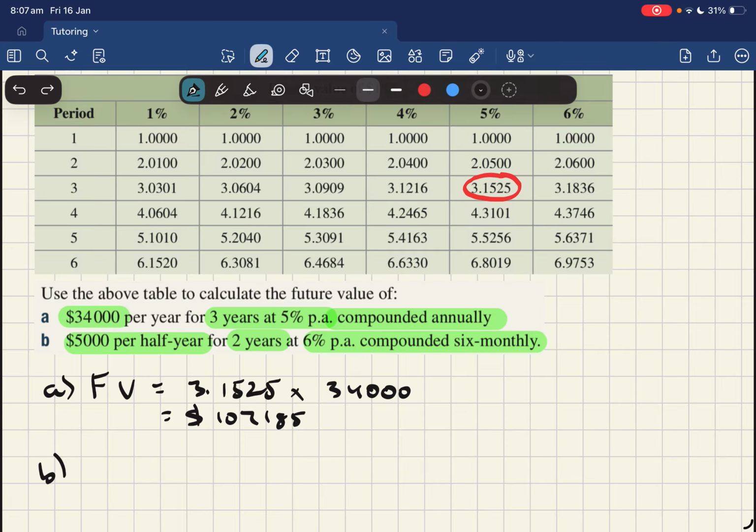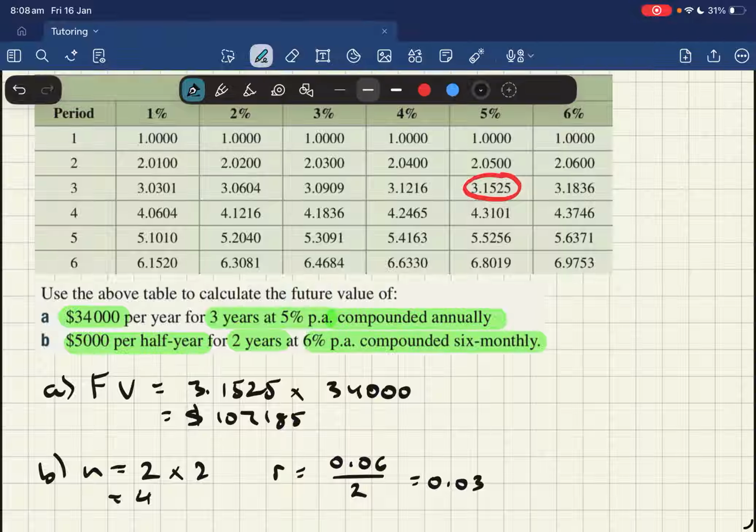So the number of compounding periods, instead of compounding once a year, it compounds twice a year. So for 2 years, it's going to compound 2 times every year. So that's going to give you 4. And the interest rate is going to change from 6% to 3%. So we have 0.06 divided by 2 gives you 0.03 or 3%.